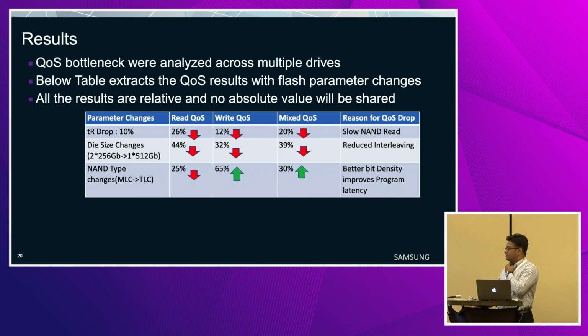No. This is a relative study where we have compared different generations of products. These are the changes across the generations of products. We found that newer products have a die size of 512 GB, only one die instead of two dies of 256 GB.